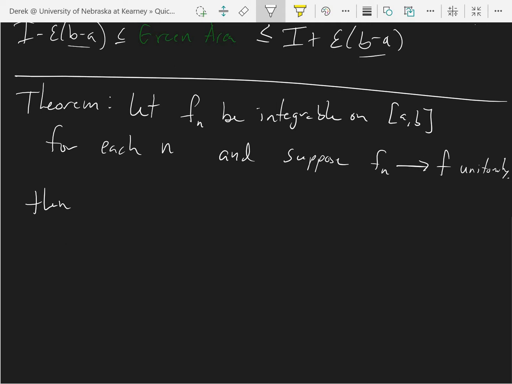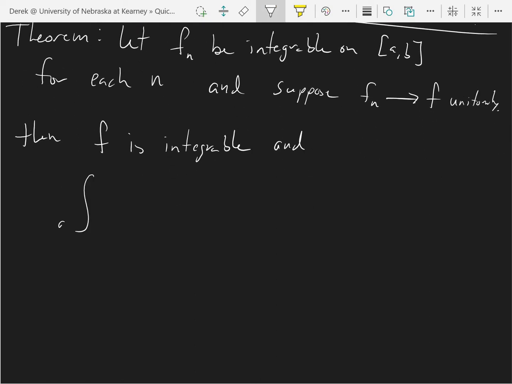Then f is integrable, and we get this limit: the integral from a to b of f dx is equal to the limit, as n goes to infinity, of the integral from a to b of f sub n dx.